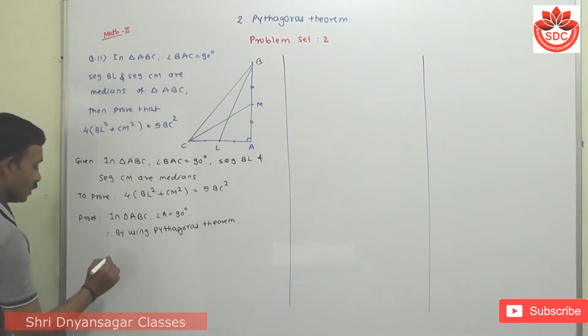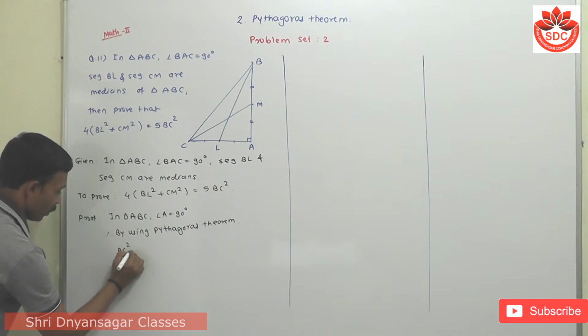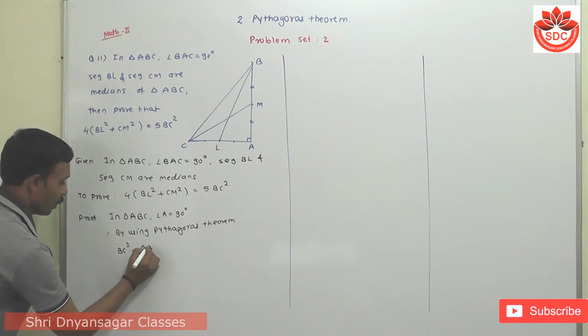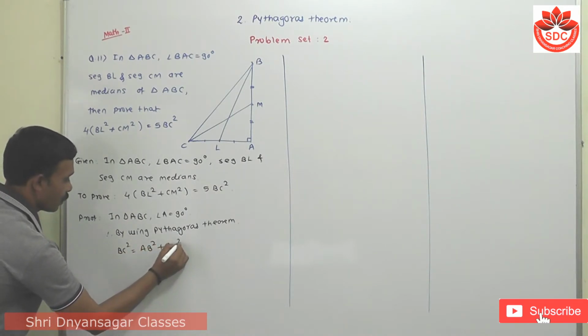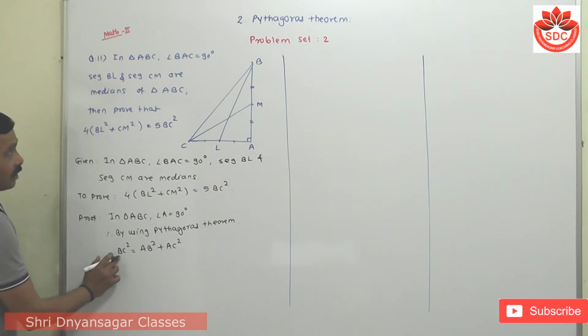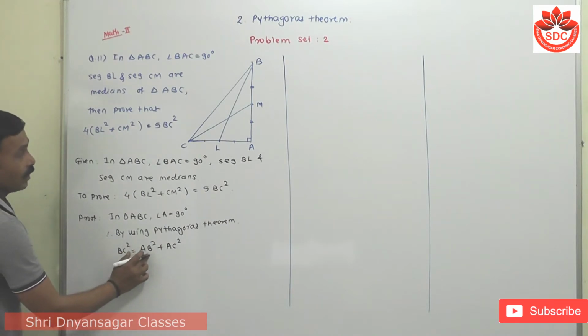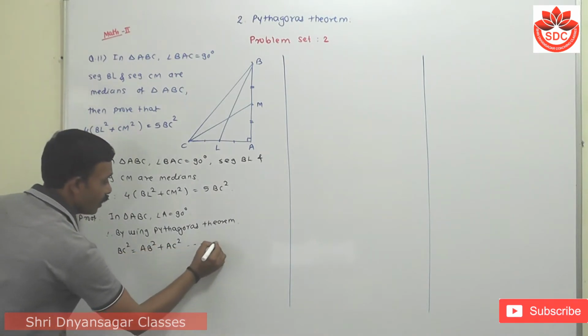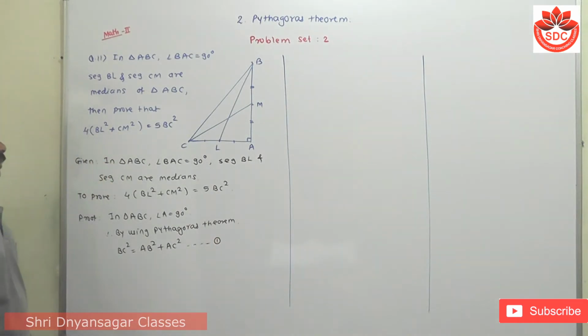Means BC square is equal to AB square plus AC square. Look here, BC square is equal to AB square plus AC square. Let this be equation number 1.